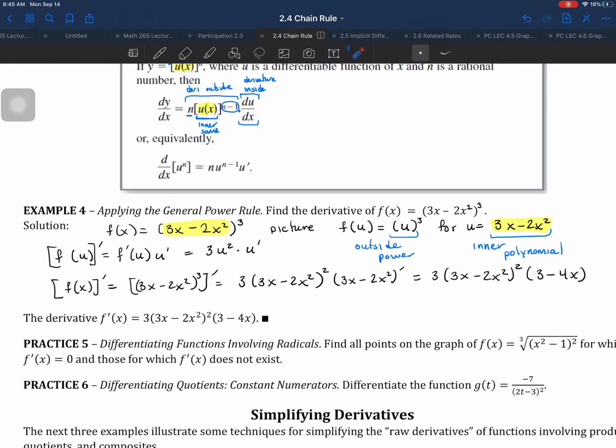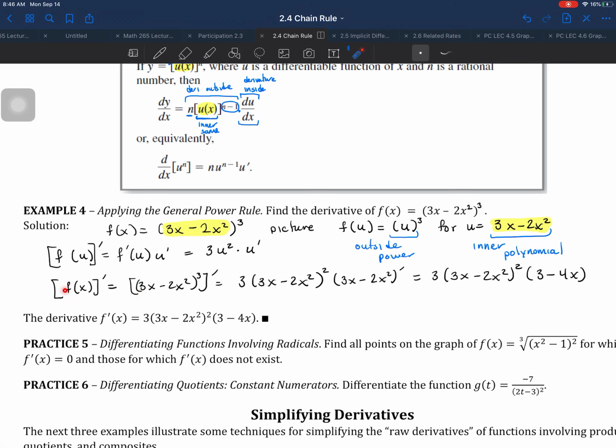So I'll multiply 3, the power of 3 becomes a factor, multiplied by u, leaving the inside the same, take away 1 from the power so it becomes a 2, and then multiply by the derivative of the inside. That's the plan. So that's sort of what I'm going to be doing here. Usually we don't do this line, but I just did it so you guys can see how u plays a role in this process.